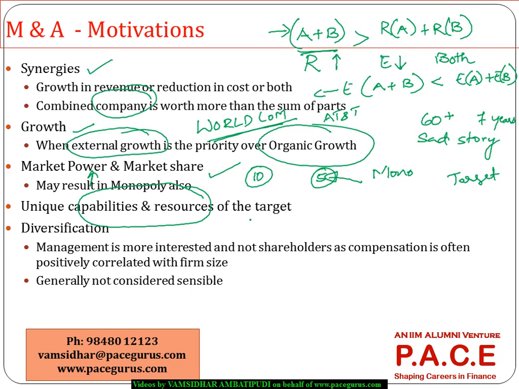But from an investor or shareholder standpoint, this is not a perceived motivation, because an investor by himself could have diversified his risk by doing good portfolio management. So he does not want the company to get into a diversification process by acquiring more companies to reduce the risk. Generally it is not considered sensible from the perspective of shareholders.